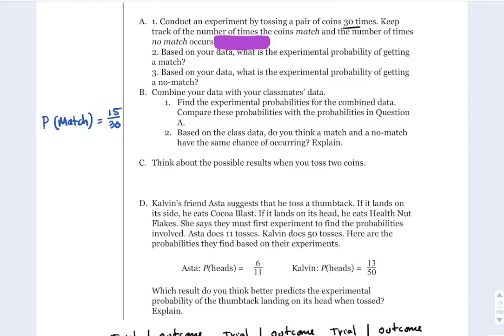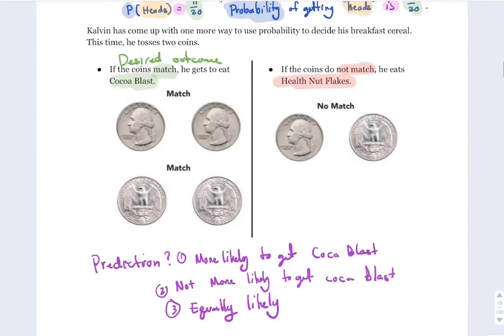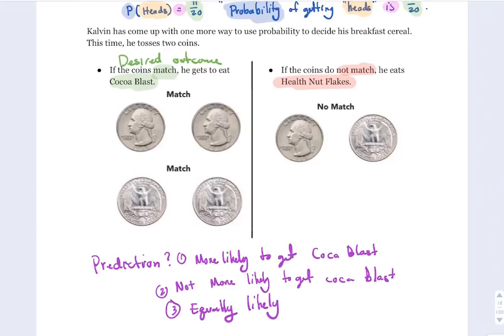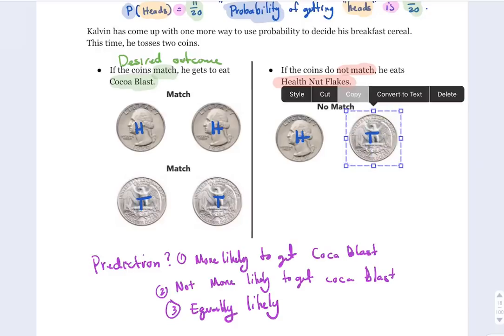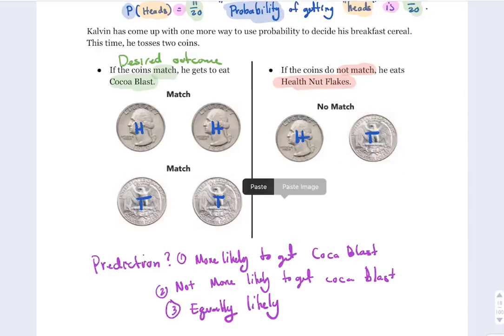Yours might be close, it might not be close. So based on the probability, we got about half. It's just about, not about, it is a 50% chance. Now, was the chance of getting a match and a not match different? No, they were the same. And some of you might have noticed earlier, you can get heads, heads, or tails, tails, or you could have gotten something like I did, and probably you too.